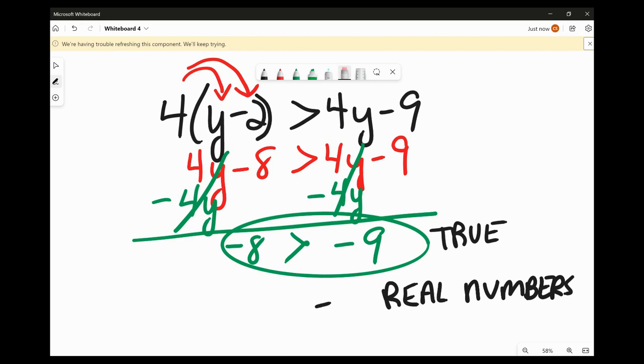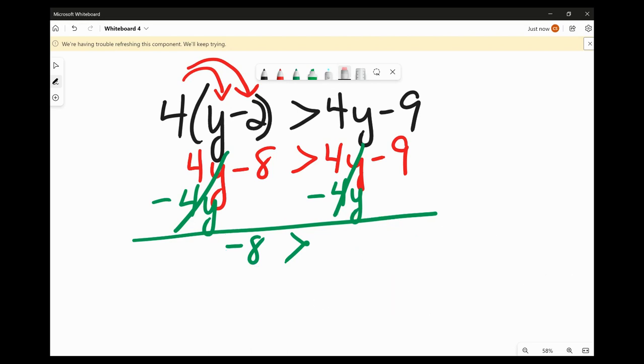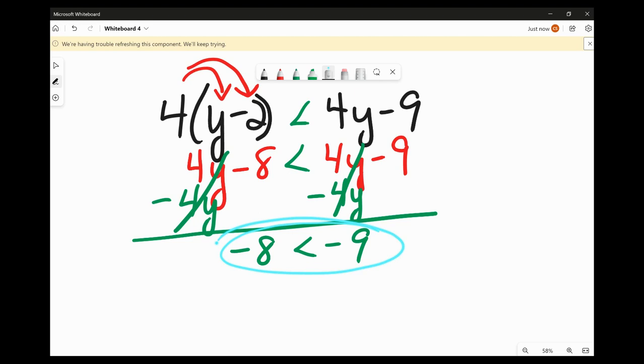Now let's change this around. Let's change this to a less than sign. We solve the whole thing again, and we come down to the bottom and have negative 8 is less than negative 9. No variable left.